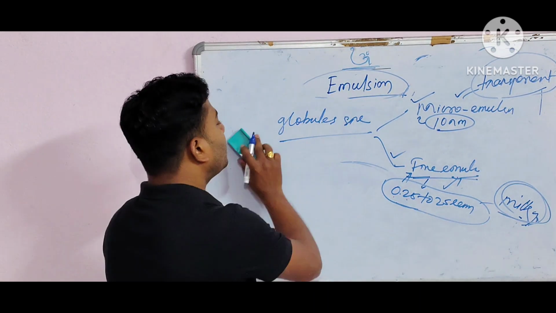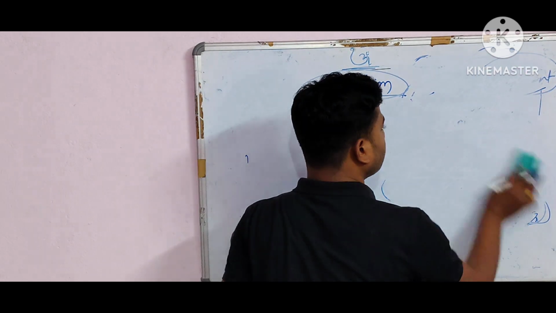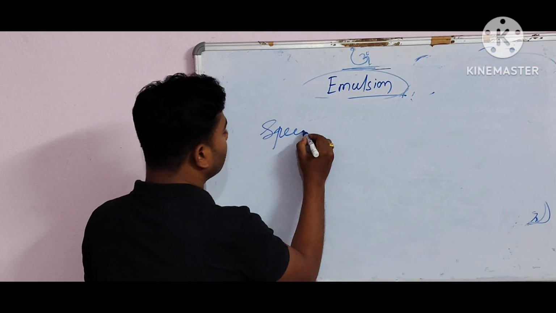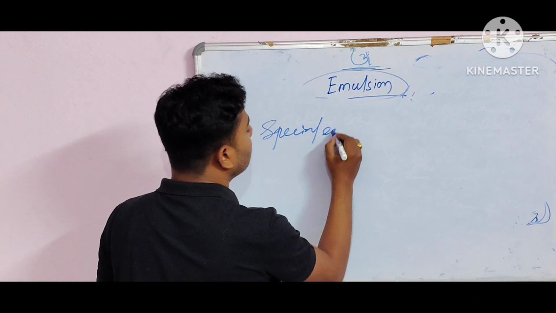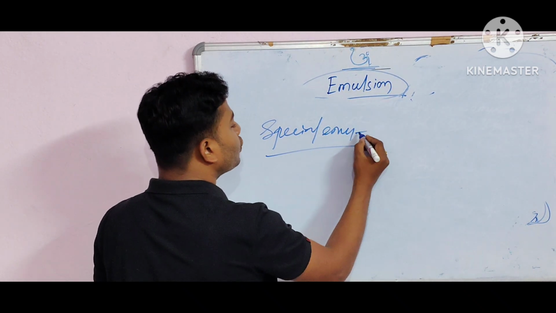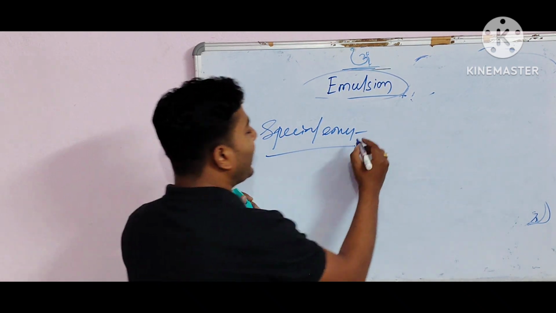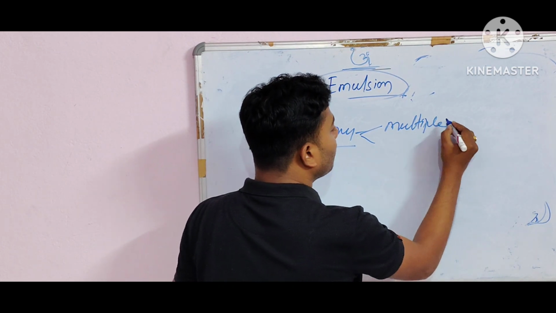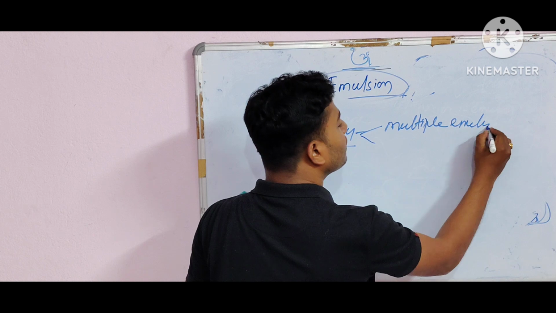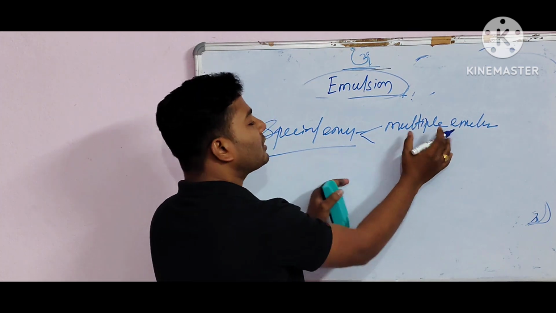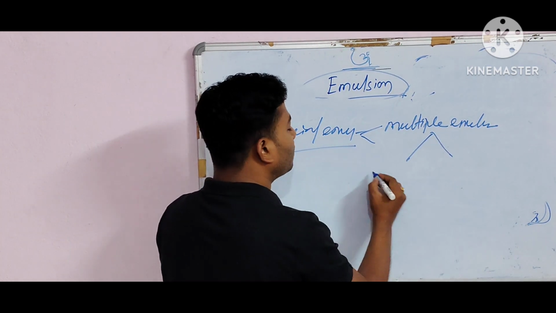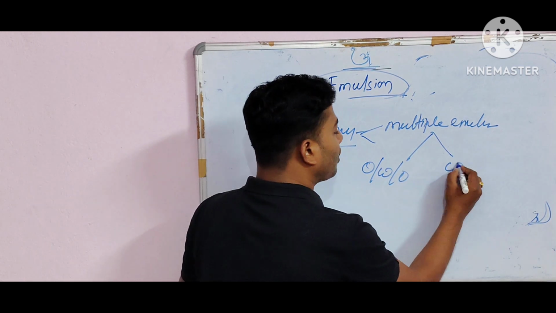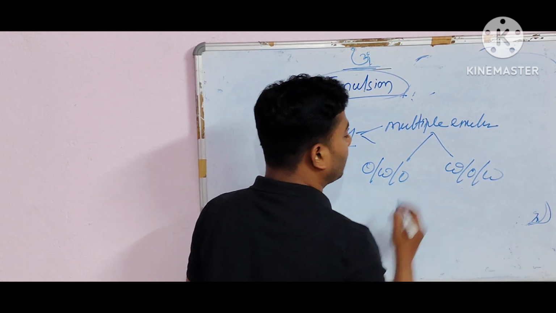Okay, now the next classification is according to the special emulsion. According to the special emulsion, it is the multiple emulsion, and that multiple emulsion is again classified into two types. One is oil in water in oil, another one is water in oil in water.